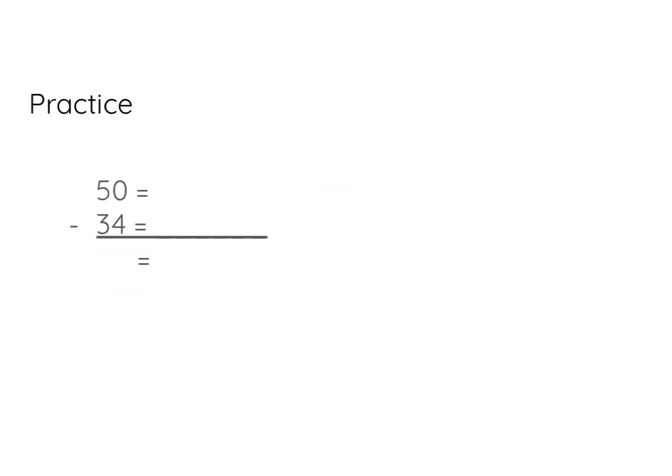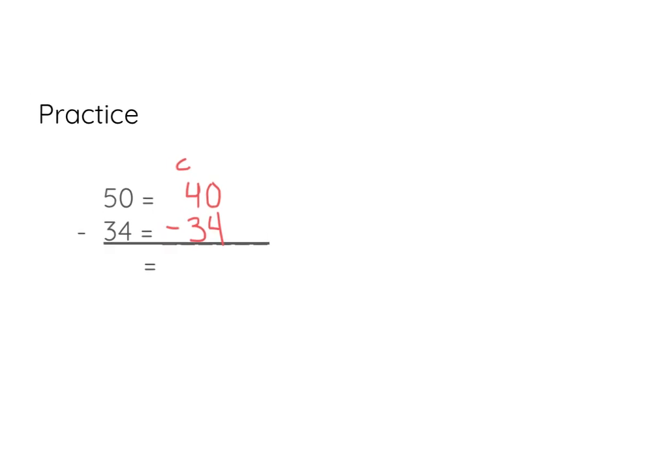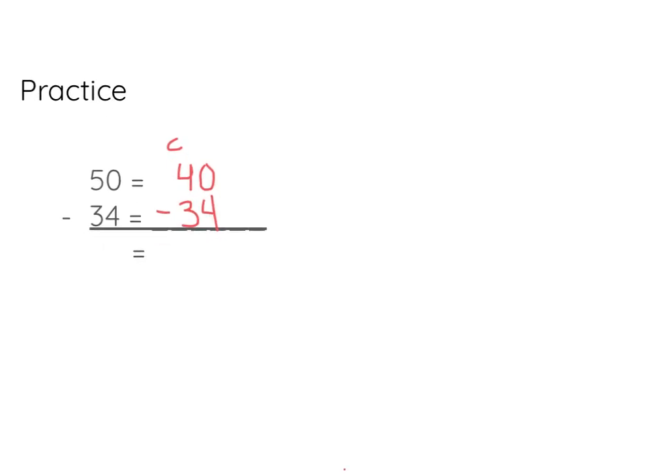50 subtract 34. All right, we're going to subtract 34, but what do we subtract it from? We subtract it from the next 10 or the close benchmark. Okay, so there's my CB.